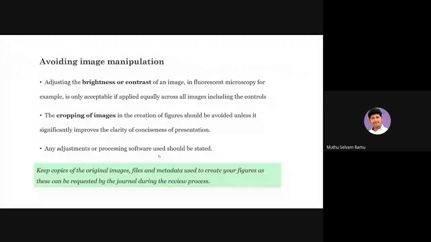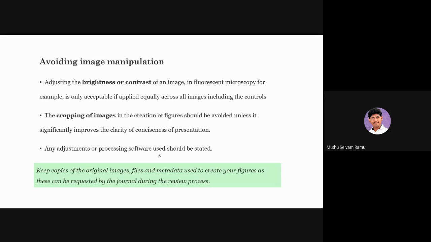So it is illegal. It is not prescribed when publishing a manuscript. There are a few ethics in publications, and this is one among them. So you should not crop or maximize the images when they are in a comparison. That should be avoided.